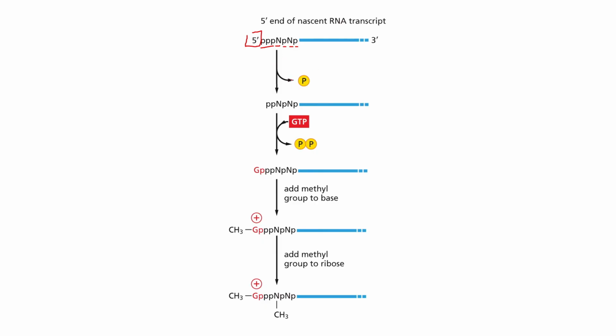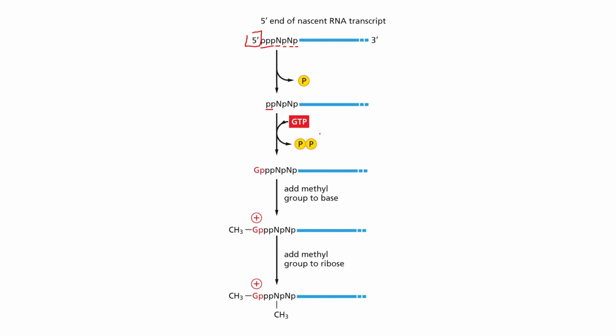It's going to get dephosphorylated. Okay. And then you're going to be left with a diphosphate end. Now, we don't want diphosphate. We want triphosphate because that's the 5' cap. But we also want that triphosphate to be a guanine. Because remember, it's a methylguanosine 5' triphosphate.